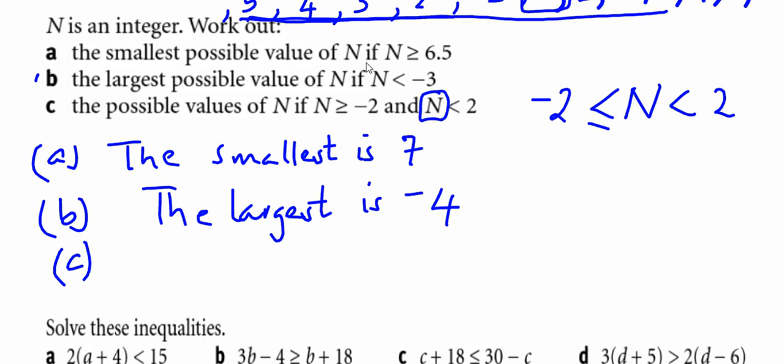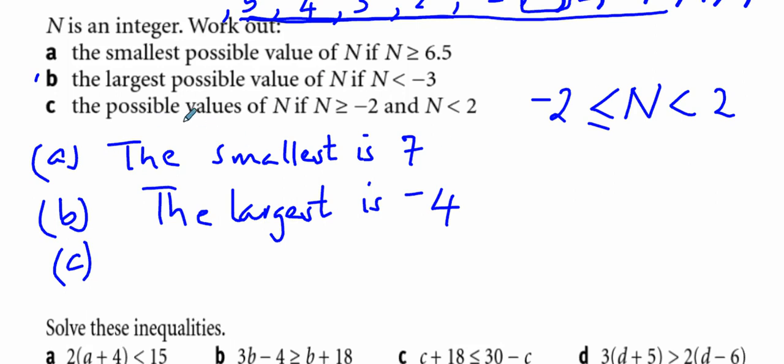You can combine this information like this. This is what they're talking about. n is greater than or equal to -2, and the same n should be less than 2.